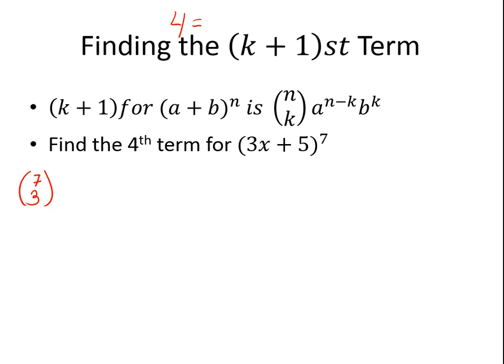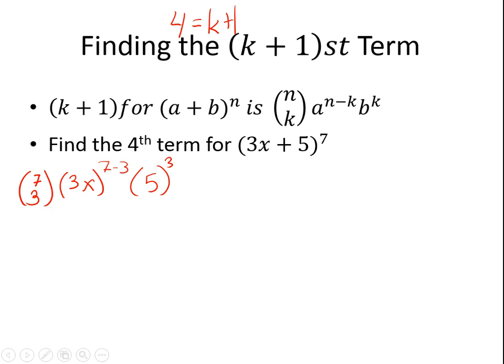The fourth term has to equal k plus 1, and then we have to find k. So that's why it's always going to be one less. So if we want to find the fourth term, it'd be that, and then it'd be the first term, 3x. That would mean it would be 7 minus 3. And then it'd be times 5 to the third.